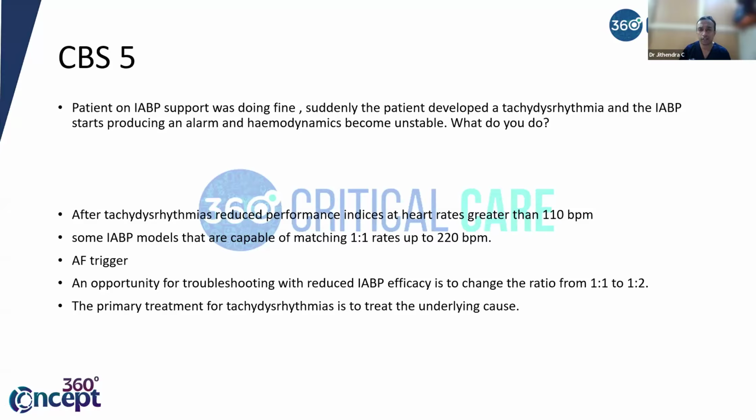Or as I told you, you can change it to AF trigger. Primarily you can't do anything about the IABP. The only management is to correct the underlying tachydysrhythmia, so start him on some antiarrhythmics. That is what will ultimately help. But for the IABP to continue to function, you change the trigger to AF trigger or put on auto mode, and treat the underlying tachydysrhythmia.